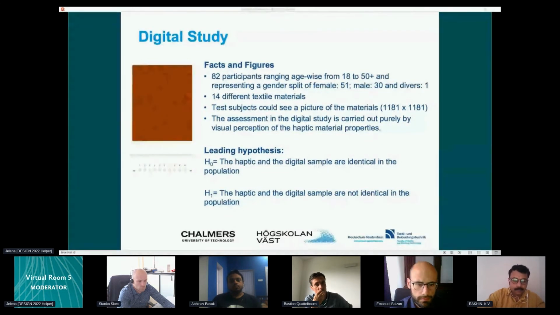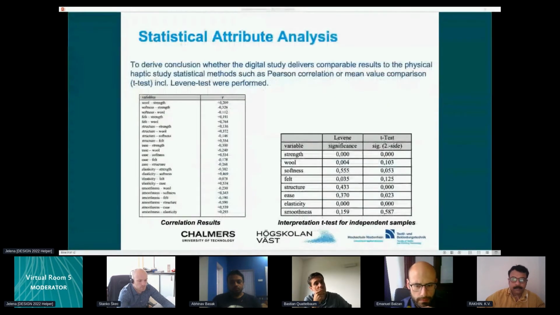So we showed them a high-resolution picture. And the leading hypothesis for us was: are the haptic and the digital samples identical in the population? At the end, we wanted to check both studies together and see what came out with the attributes.